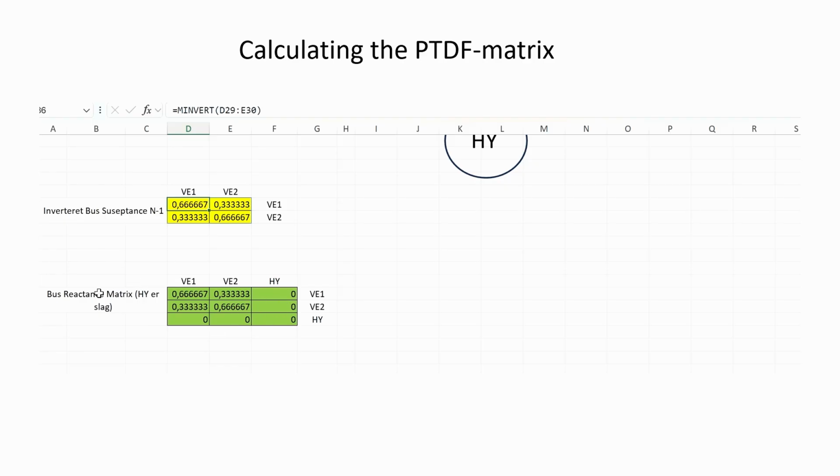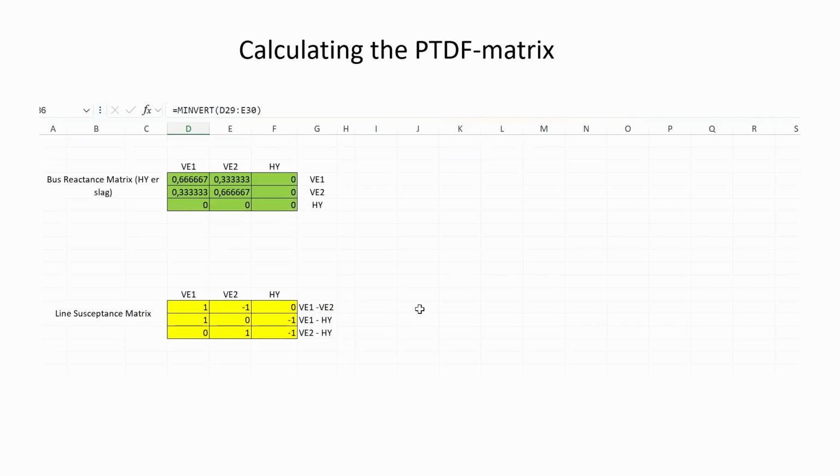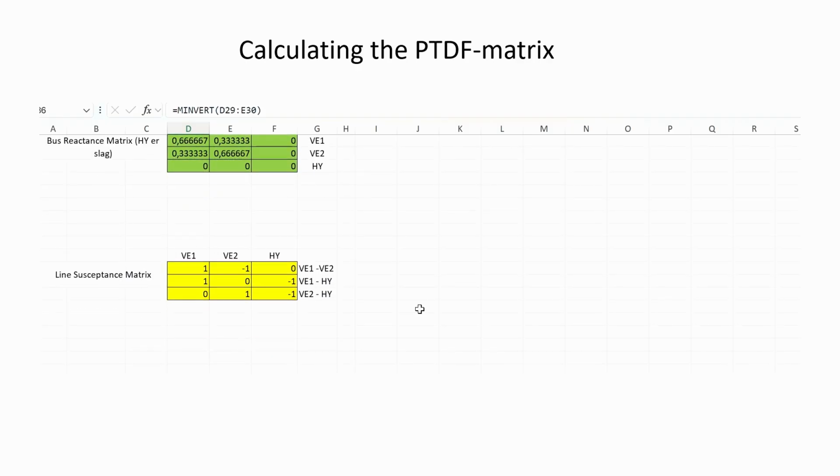Now we have the bus reactance matrix, and then we have to look at the line susceptance matrix. You can see here we have the three nodes and the three lines. The line between VE1 and VE2 is going out of VE1 and into VE2. The line VE1 to HI is going out of VE1 to HI, and this line here is going out of VE2 to HI.